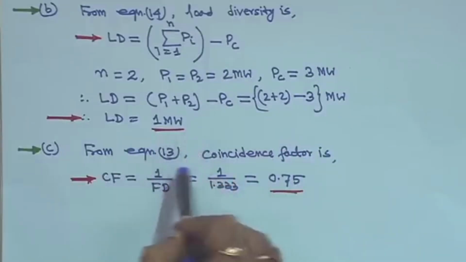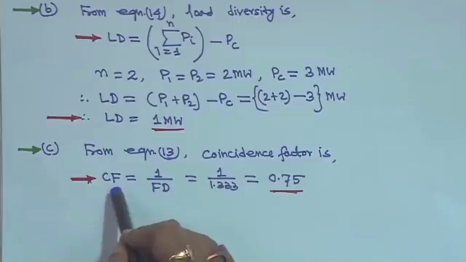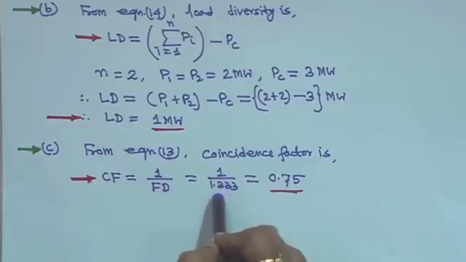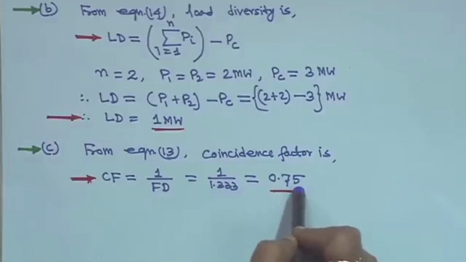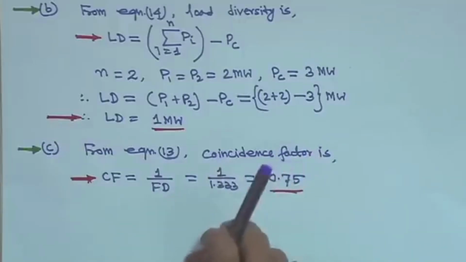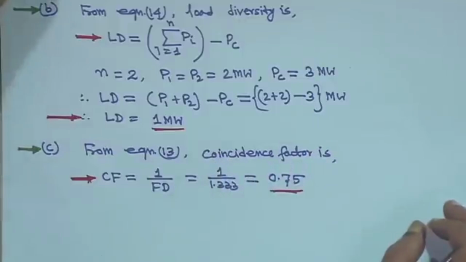And from equation 13, coincidence factor Cf is equal to 1 upon diversity factor, is equal to 1 upon 1.333, which is 0.75. So, these numerical problems are very, very simple.